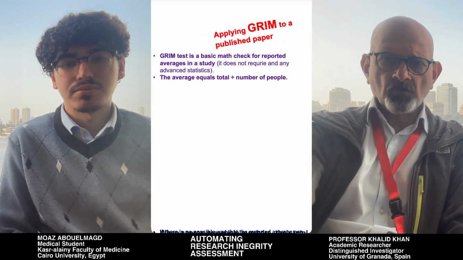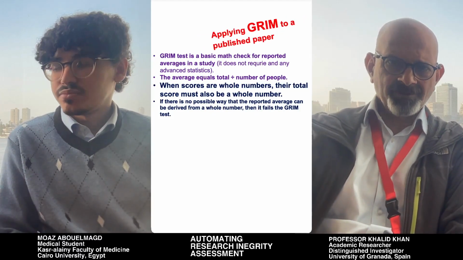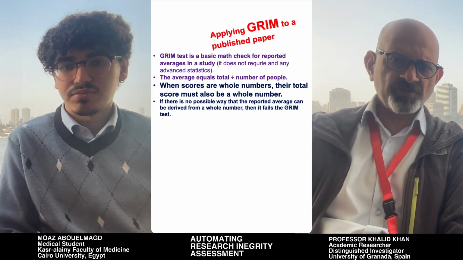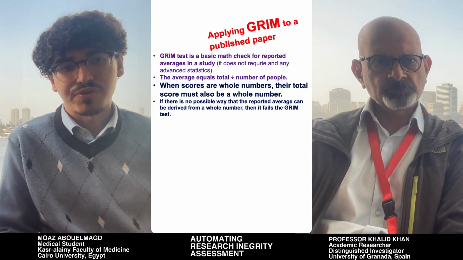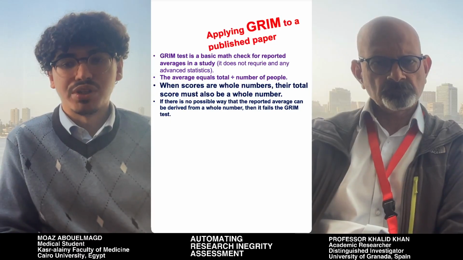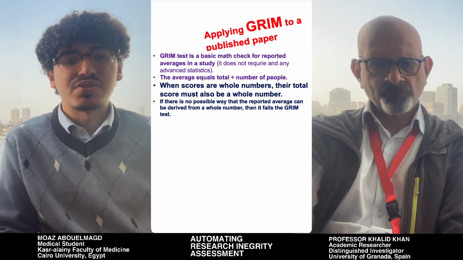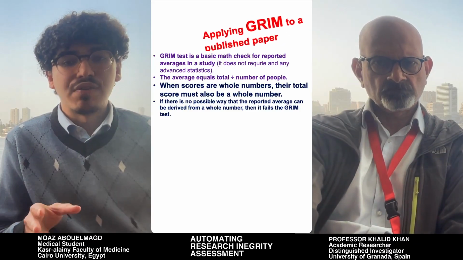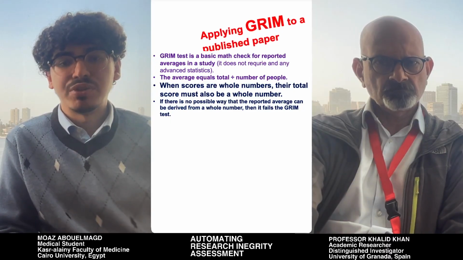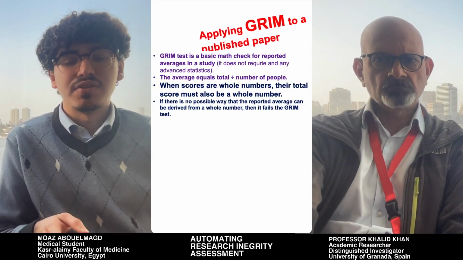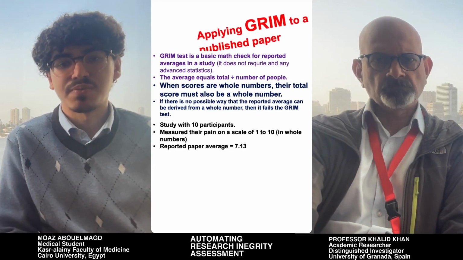Okay, so the whole number and the total score, the relationship between these is what is studied in the GRIM test, isn't it? Yes, Professor Khalid. When scores are whole numbers, the total score must also be a whole number. The GRIM test states a basic fact: if there is no possible way that the reported averages can be derived from a whole number, then these averages do not exist.